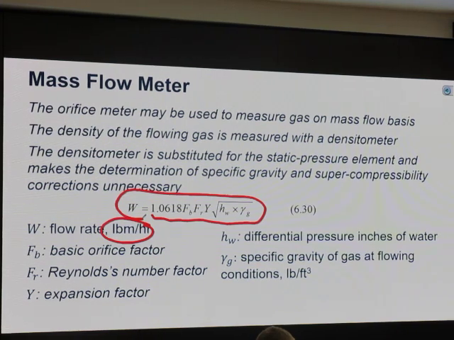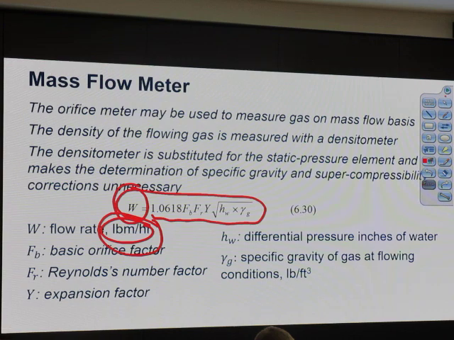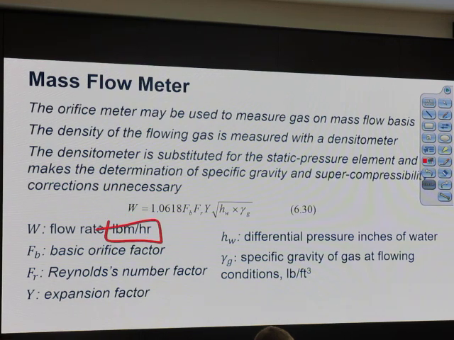You may not need to care much about this, because you have to be able to do it anyway. If I give you standard cubic foot per hour, can you tell me pound mass per hour? Yes, pass, no, fail, okay? Try that. Use PV equals nRT to do the conversion. When we know standard cubic foot per day or standard cubic foot per hour, you should be able to calculate and get pound per hour without any difficulty.